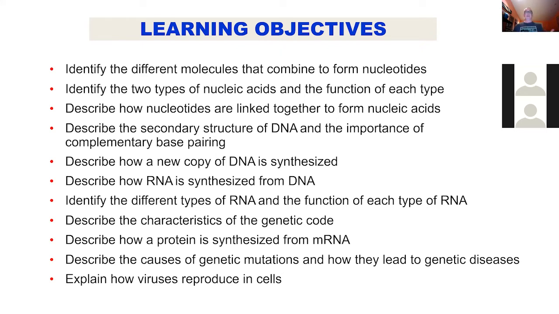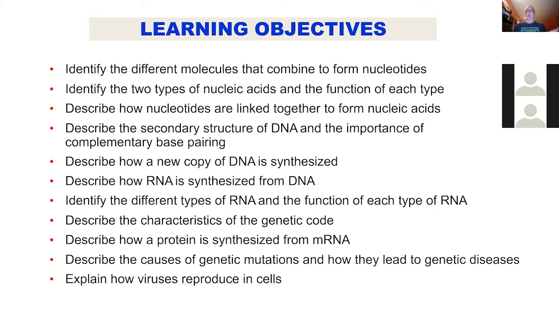So we want to identify the different types of molecules that combine to form nucleotides. We're going to see that they're formed of phosphates and phosphate diesters. We certainly know something about esters, but we haven't seen phosphate esters before, so that's a new type of bond we're going to be looking at. Then sugars, and the bases that go on top of the sugar.